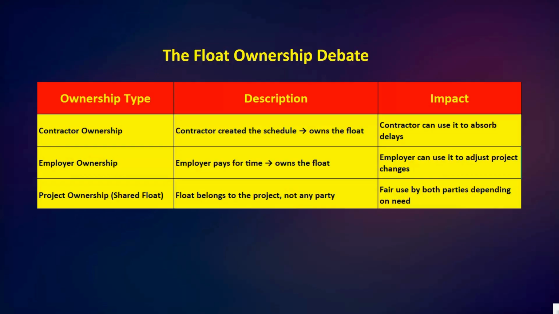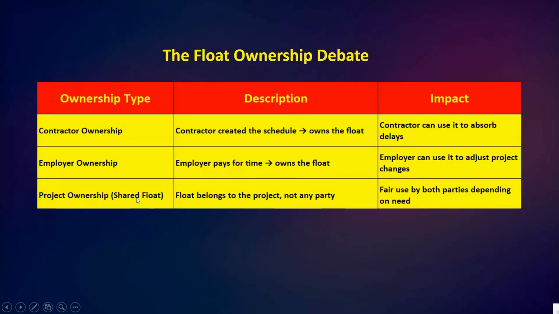Here we have the float ownership debate. You can see ownership type, description, then impact. Contractor ownership: the contractor created the schedule, so owns the float. Impact: the contractor can use it to absorb delays. Second, employer ownership: the employer pays for the time, so owns the float. Impact: the employer can use it to adjust for project changes.